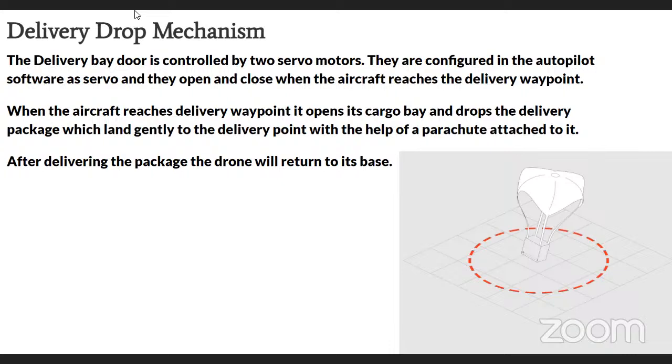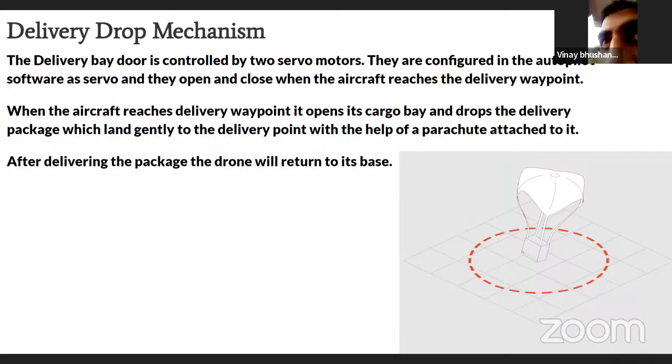Now we are going to talk about the delivery drop mechanism. People who are using our app can order anything like medicines, food, etc. from our app. When we receive an order, we pack the order and insert it inside the drone.